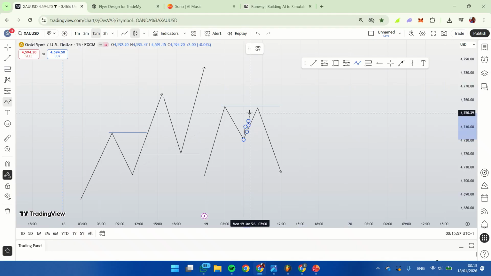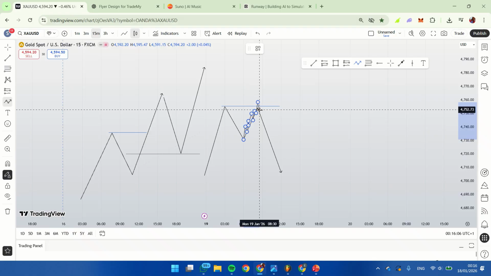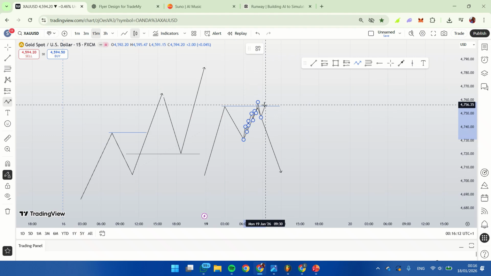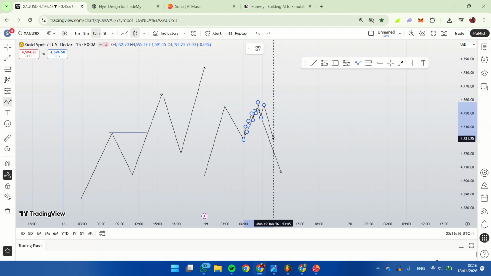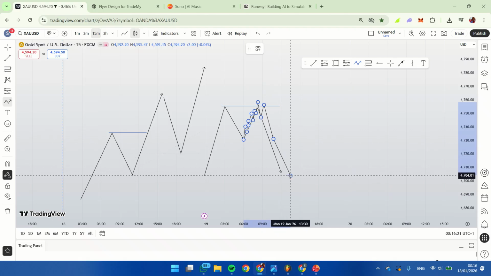Maybe this is a 15-minute structure, and on the 1 minute we are doing something like this, right? And it reaches here, and in the 15 minute it did not break, but on the 1 minute it broke structure here. We are looking to sell right here and target TP1 and TP2 in this particular one.